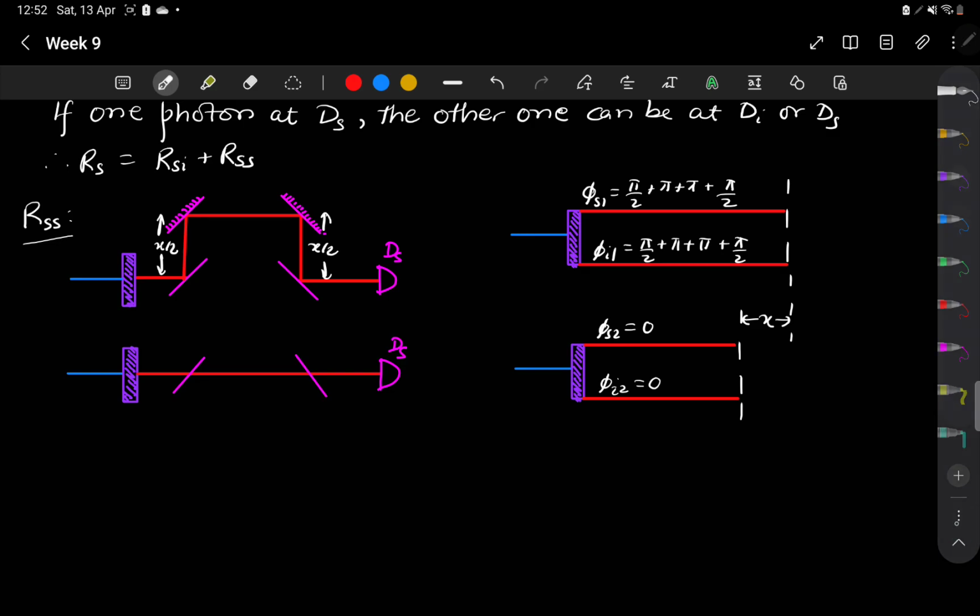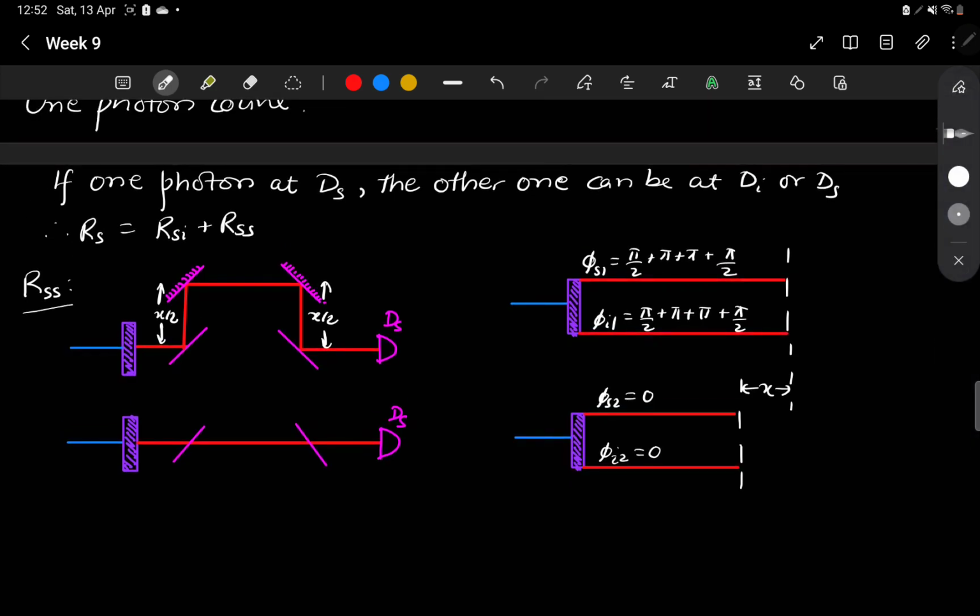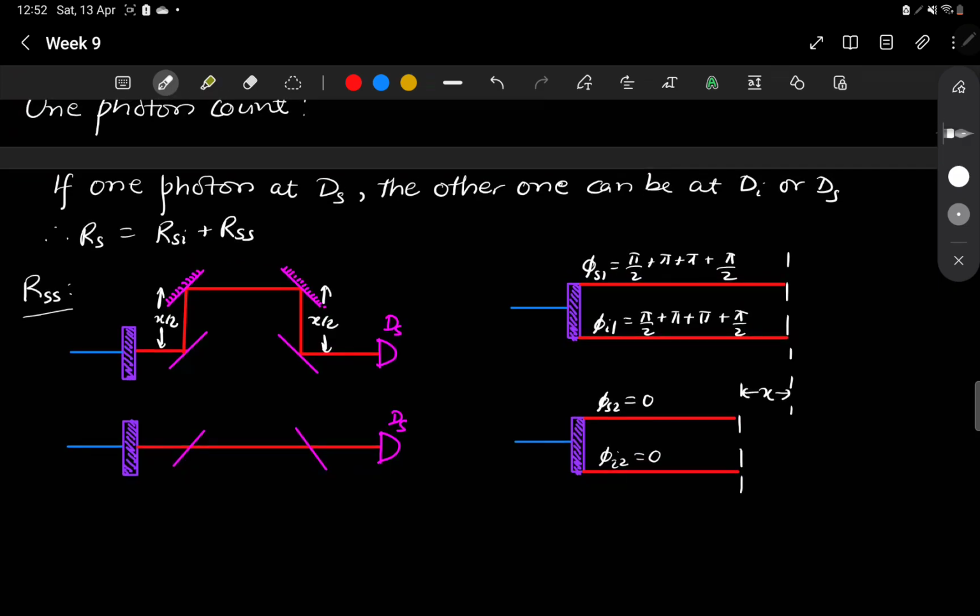Now delta L one can see clearly is x. Delta L prime is again 0 because the paths are same for both signal and idler.